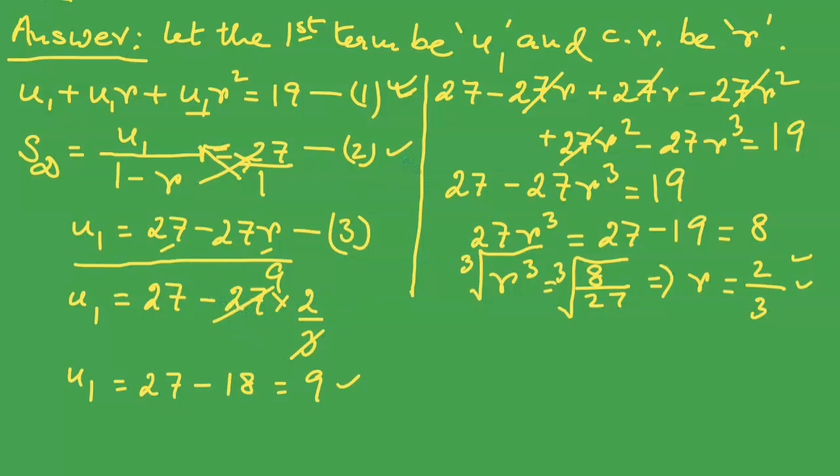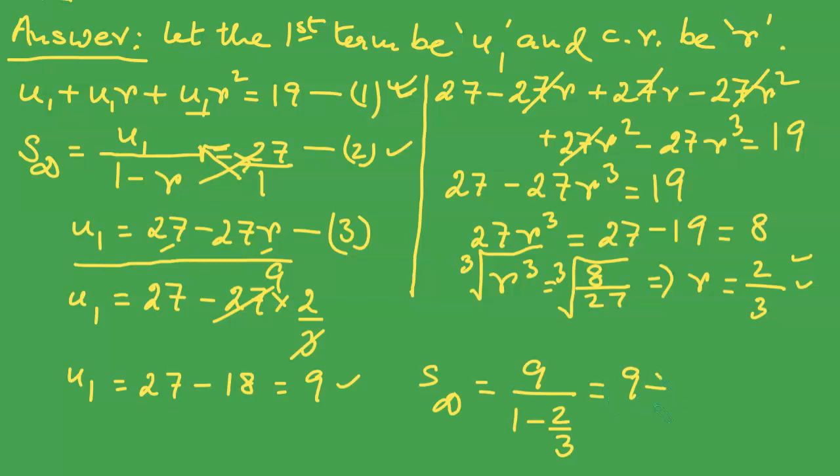I am checking the validity of the second equation. S infinity will be equal to u1 over 1 minus r, which is 9 over 1 minus 2 over 3, and 1 minus 2 over 3 is 1 over 3.